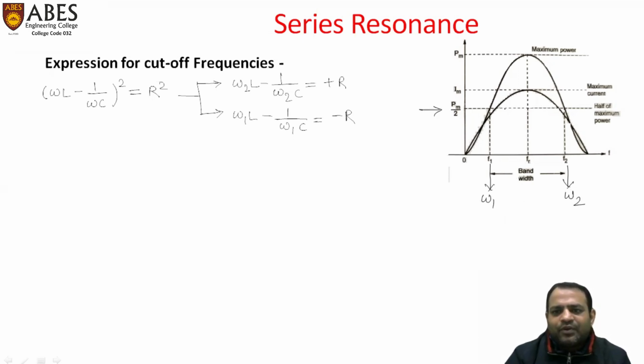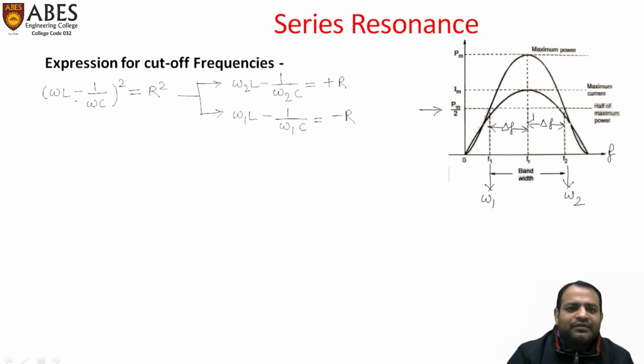When we draw a line parallel to this x-axis, the frequency axis, it bisects the curve at two places, and taking a perpendicular on the x-axis, we get this F1 and F2. So this is our delta F. This is also our delta F. And this is our resonant frequency, and these are half power frequencies.